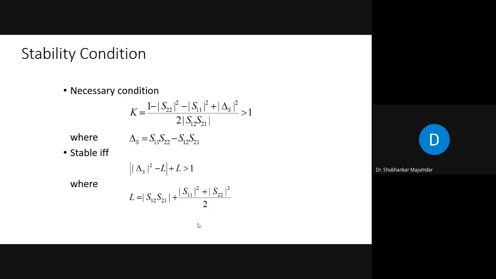When we are designing a power amplifier, we are adding various types of circuits. First, a biasing circuit is required, then a matching circuit is required, then a stability circuit is required. The matching circuit should be on the input side and also the output side. So input matching circuit, output matching circuit.